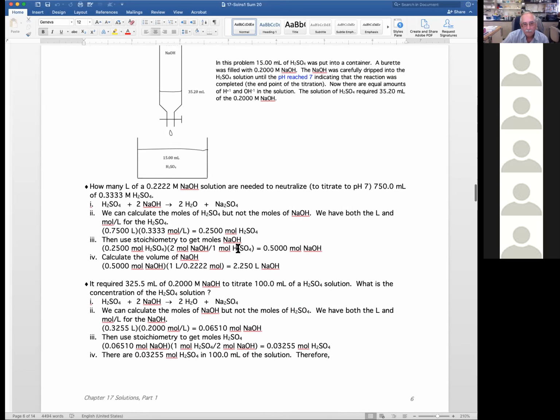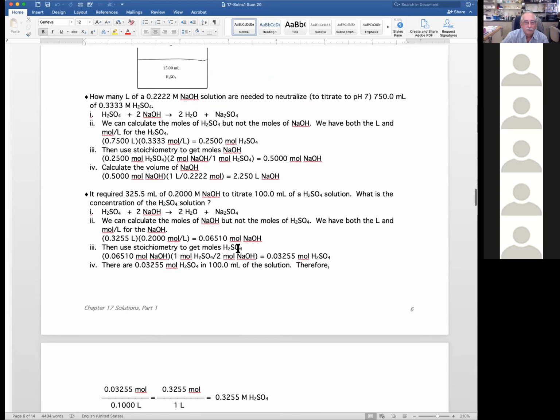So here's another one. This time we're going to be solving for liters of this. So to neutralize 750 milliliters of 0.3333 moles per liter sulfuric acid. Notice that I got the volume of the acid and the concentration of the acid, so I can get the moles of the acid. I simply did that.